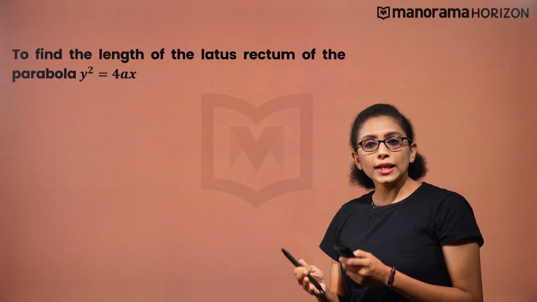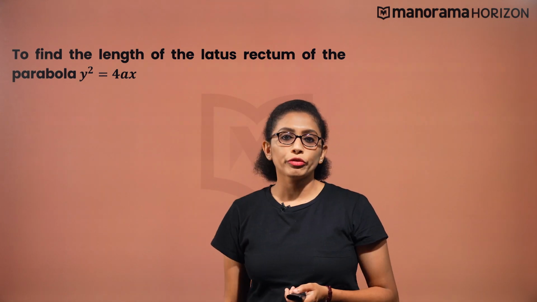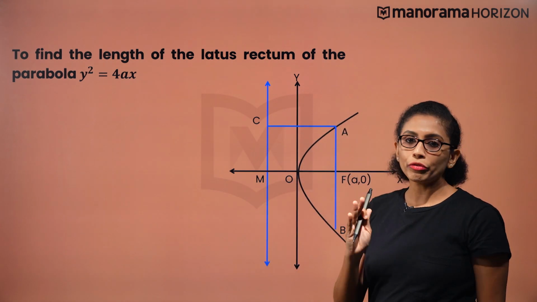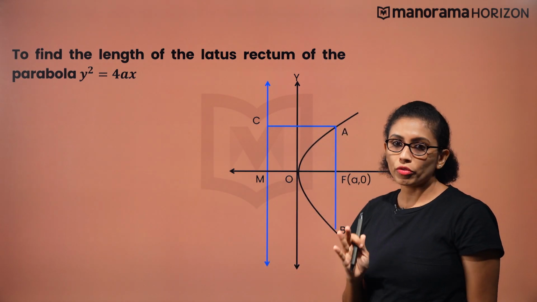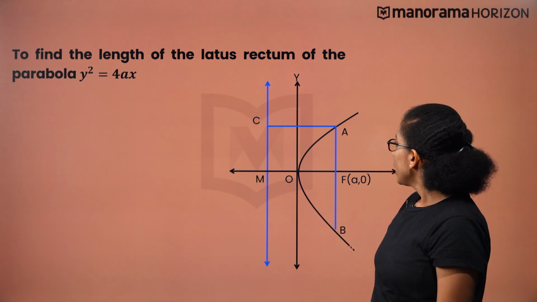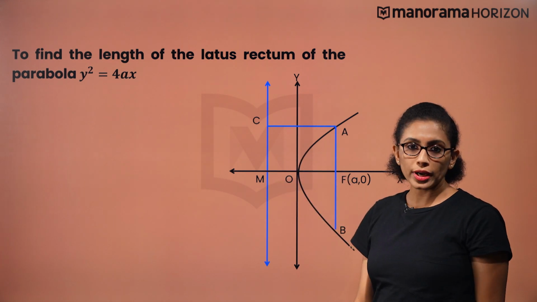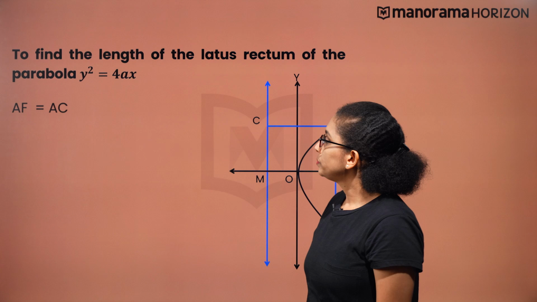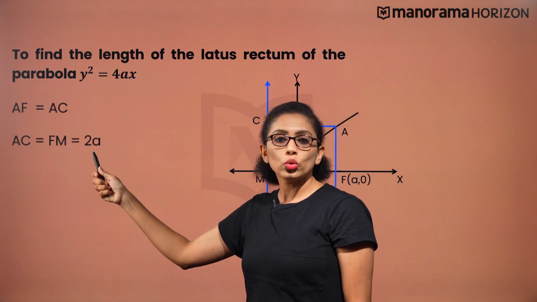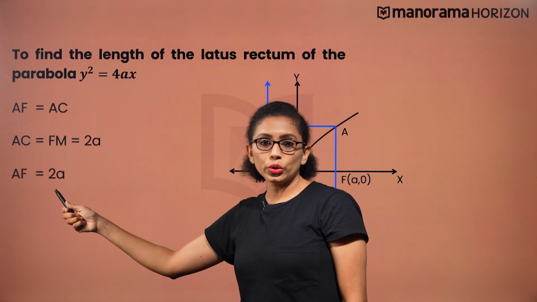Now, to find the length of the latus rectum of the parabola y² = 4ax. See the figure? We have to find the length of the latus rectum. According to the definition, AF should be equal to AC. Now, AC is equal to FM, which is 2a. So AF is equal to 2a.